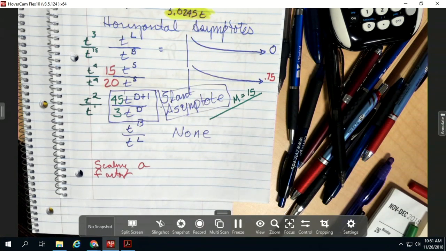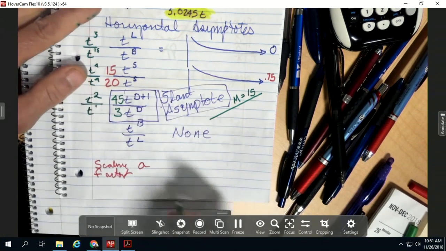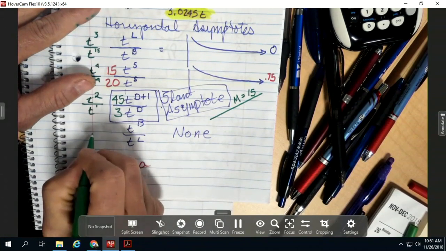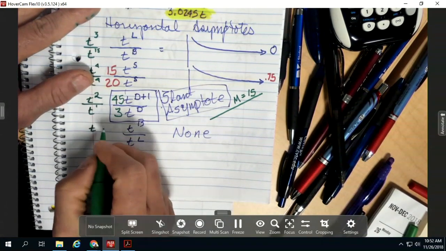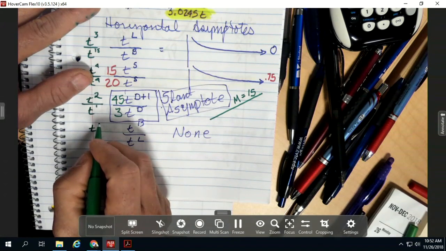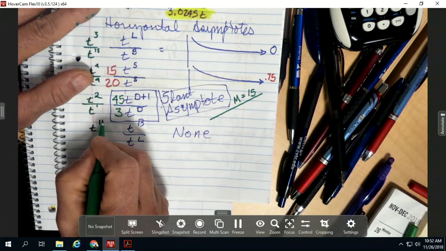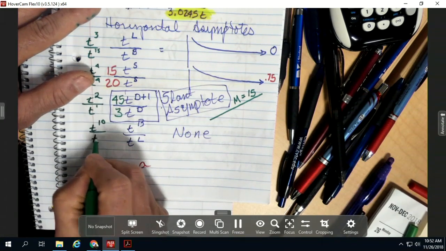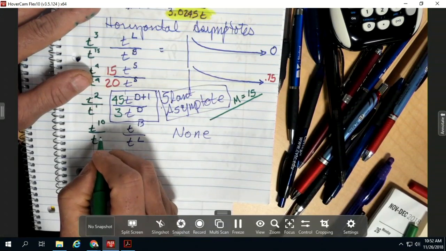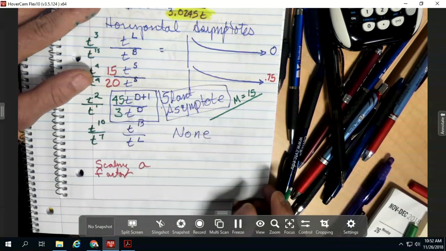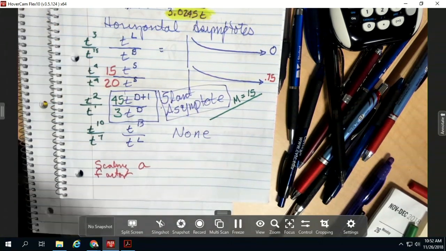Last case, the numerator power is bigger than the denominator power, so let's say t to the 10. So the denominator can be any number that is less than 10. 7. There is no asymptote.